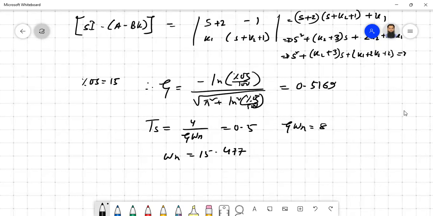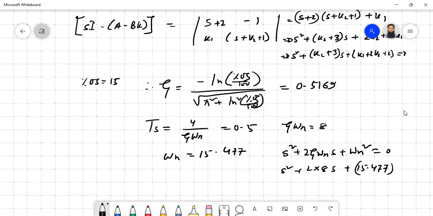And now we can easily find out what will be our desired characteristic equation, that is s square plus twice zeta omega n s plus omega n squared. So s square plus 2 into 8 s plus omega n squared, that is 15.477 whole square.